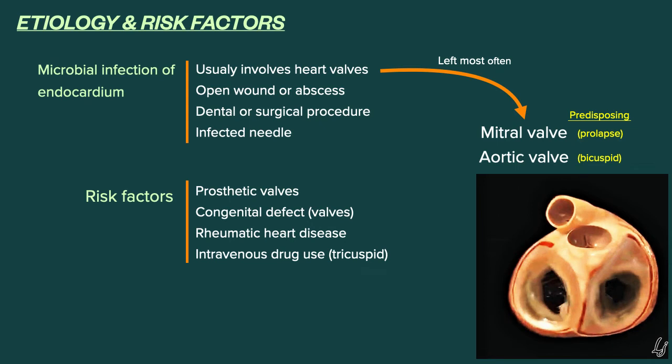Alright, so it turns out that most cases of endocarditis are due to a microbial infection of the endocardium, usually involving the endocardium lining of the cardiac valves. And why the valves? Well, it turns out that the valves have tiny blood vessels that nourish them, even though they are flopping around in blood all day long.